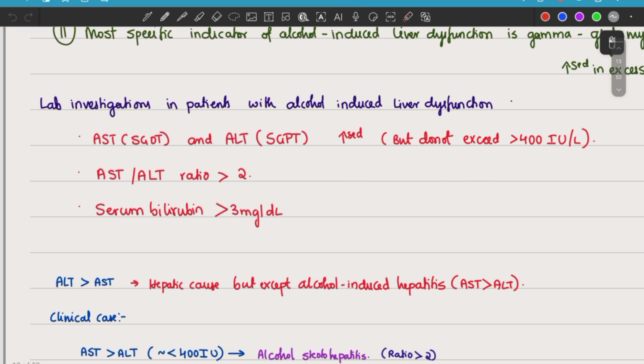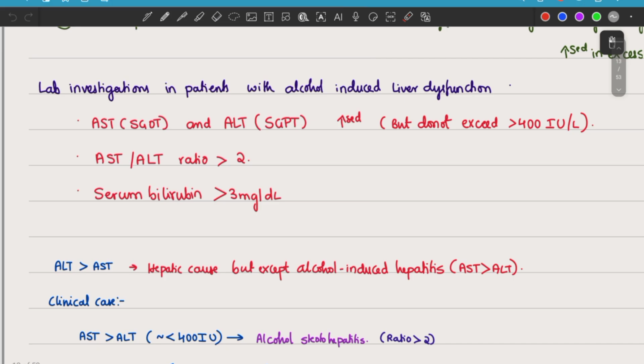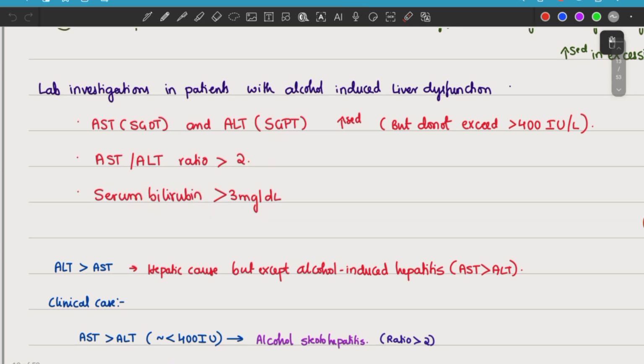When there is an increase but it is not exceeding 400 international units, you can consider there might be alcohol-induced liver disease. And the AST by ALT ratio is more than 2. This is the one thing you have to remember in alcohol liver disease, because sometimes in the question they will give AST and ALT. The serum bilirubin is more than 3 gram per deciliter.